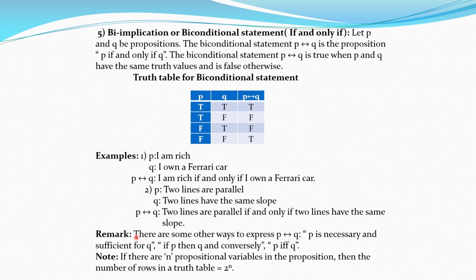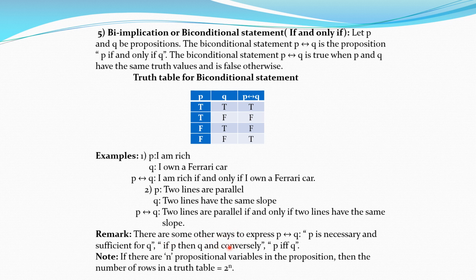Now what is another way of writing P double implication Q? Actually, as it is biconditional statement, this arrow from left to right implies P implies Q, and this arrow from right to left implies Q implies P. So there are both ways implication.